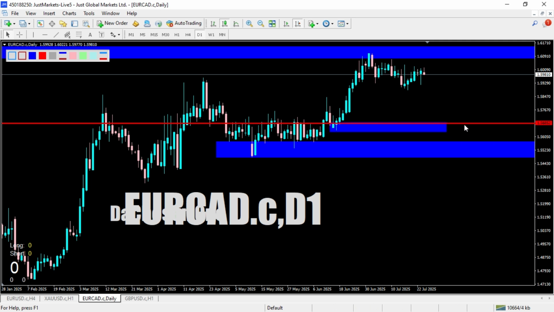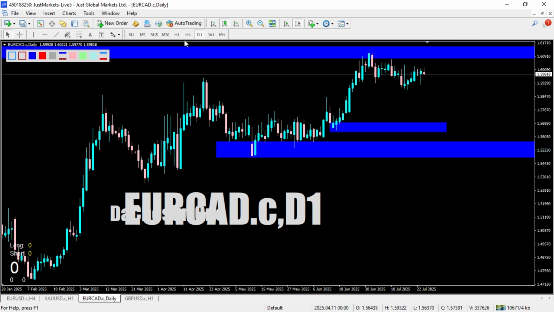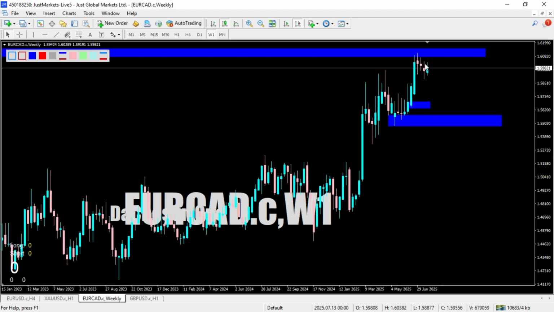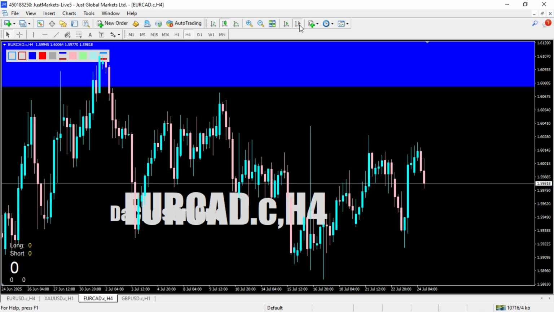And as you can see in the weekly, price was held by this danger zone and it's in a bearish momentum. It's been making lower lows, or lower highs, lower highs. So let's go to the H4.